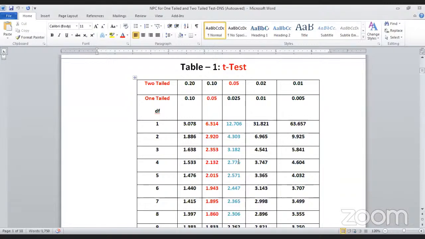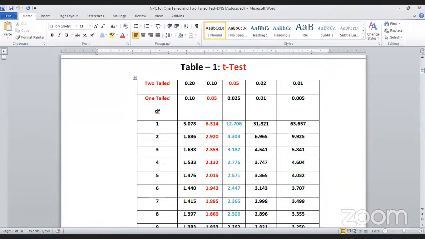In these standard values, these are the levels of significance: 0.20, 0.10, 0.05, 0.02, and 0.01. And this is the degree of freedom.